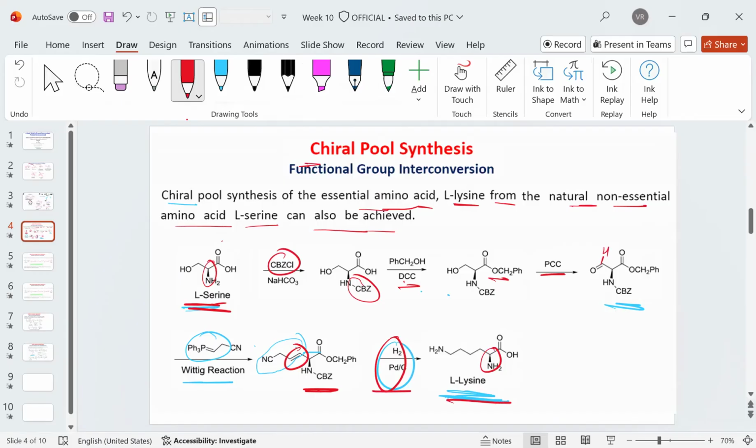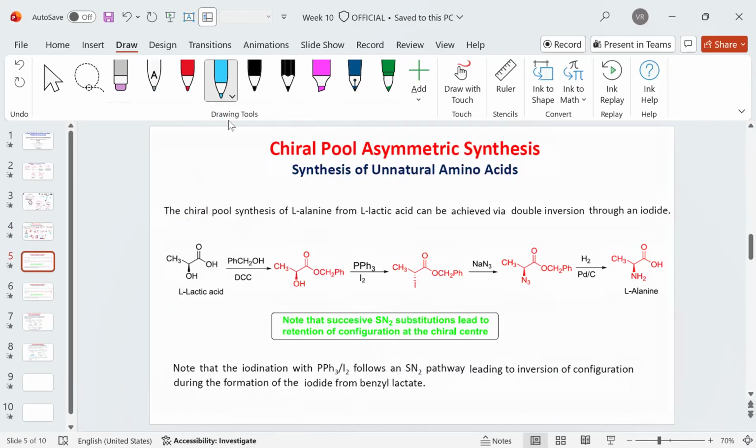Anyway, this is our final target molecule, L-lysine, and if you look at the chiral center present in L-lysine, that chiral center actually comes from the starting material L-serine that we used. So this is the chiral pool synthesis. And the third important asymmetric synthesis method that we have seen.